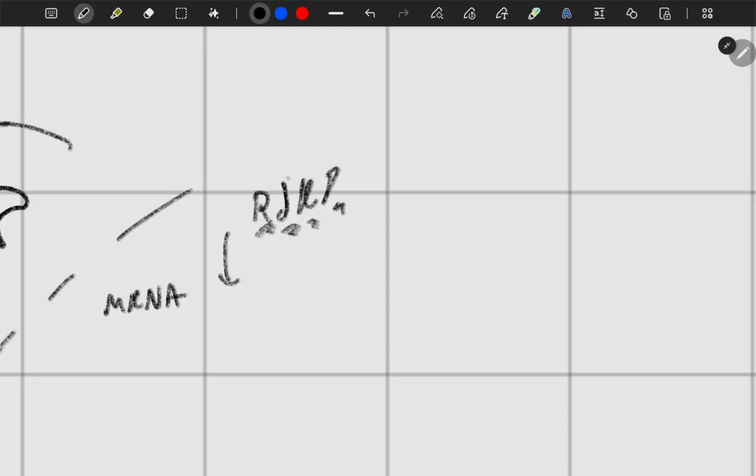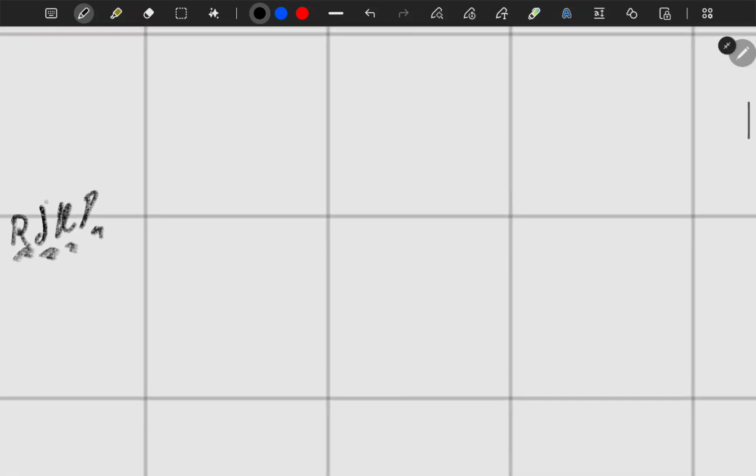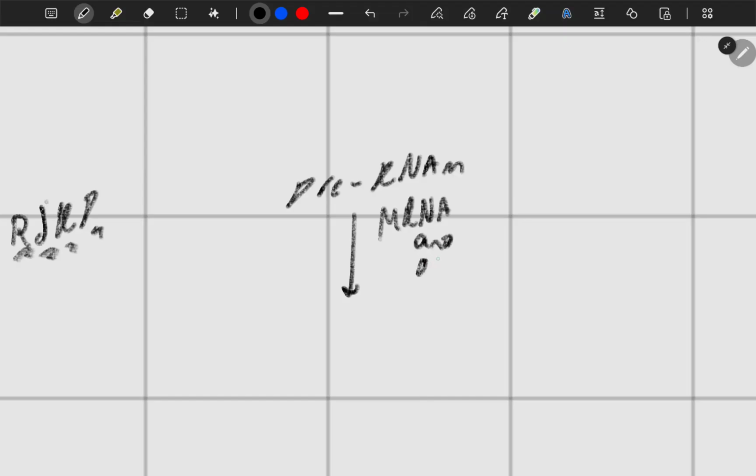RdRp is a unique polymerase that snatches the host 5' cap. Remember that we have the pre-mRNA, and then we have this mRNA processing.